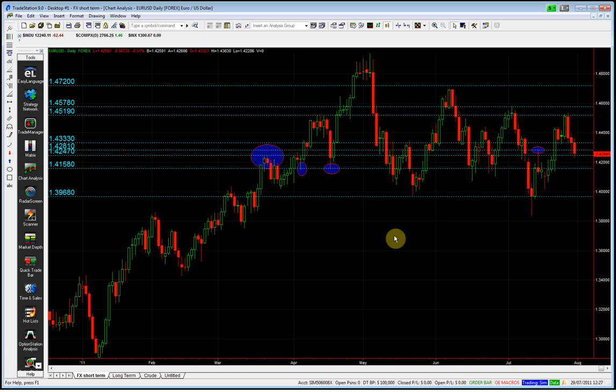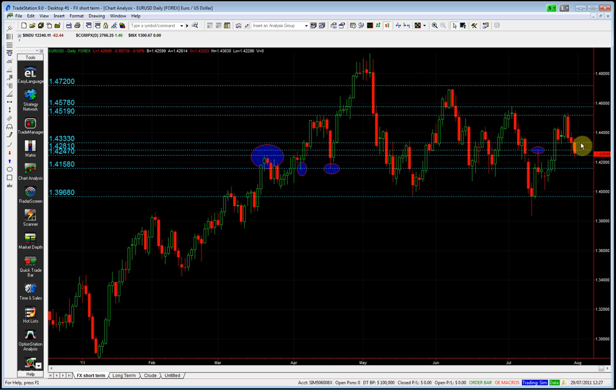Now in and amongst this though, we have some fairly significant levels, not least the 143.33. The 143.33 or 143.37 is the level that dissects this consolidation.